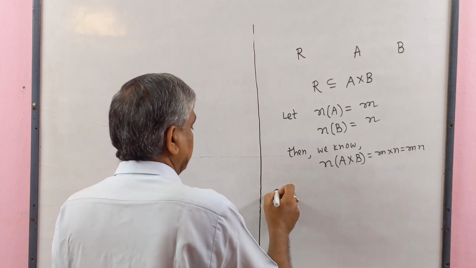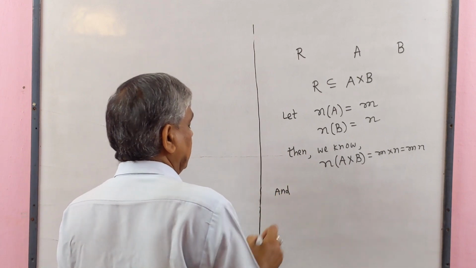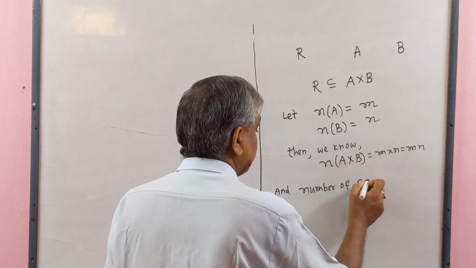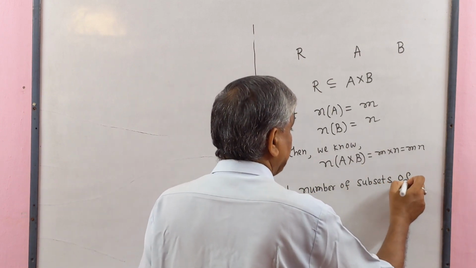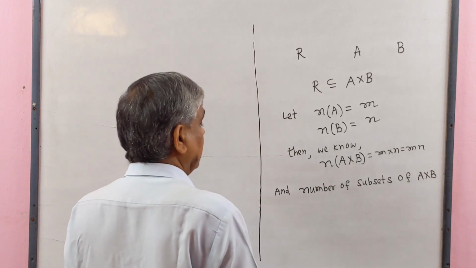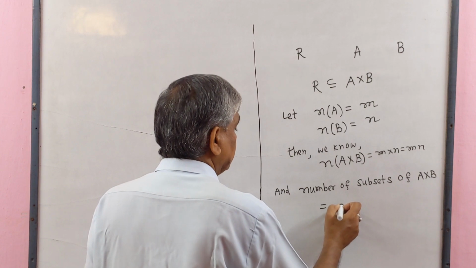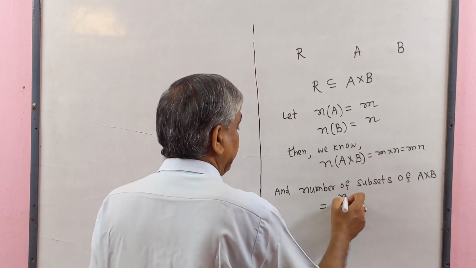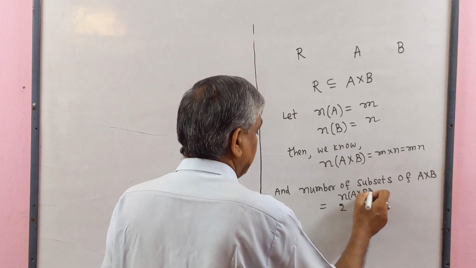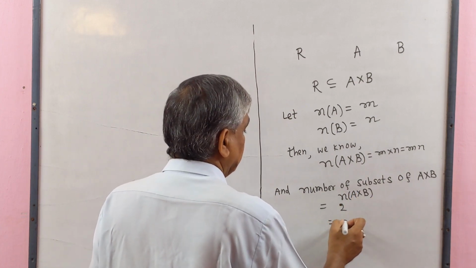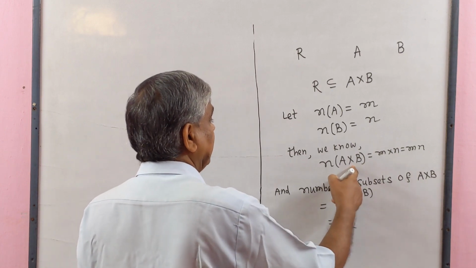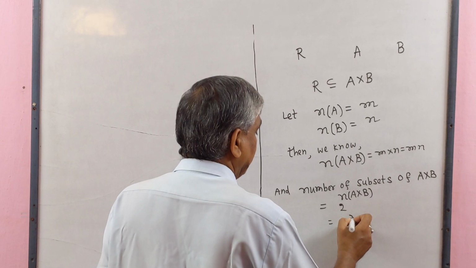And the number of subsets of the Cartesian product A cross B equals 2 to the power of the number of elements in A cross B, that is 2 to the power MN.